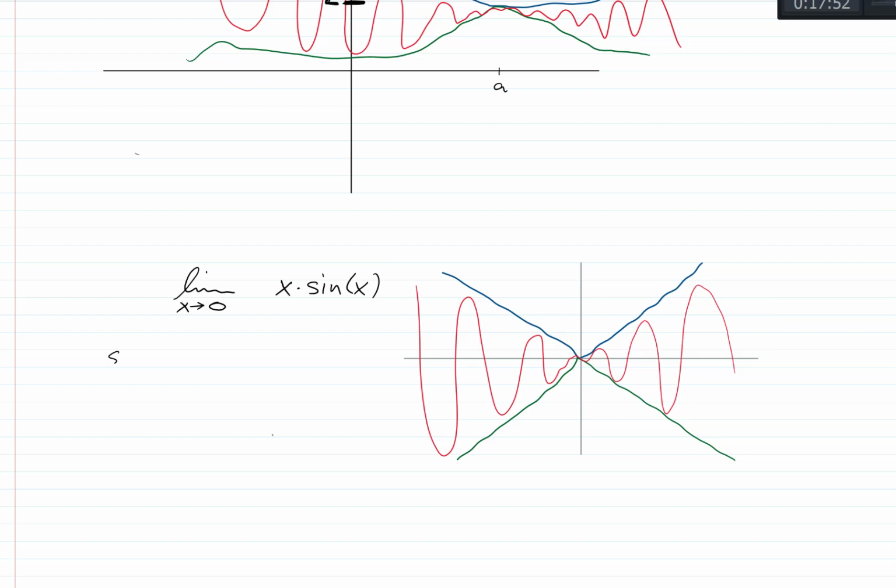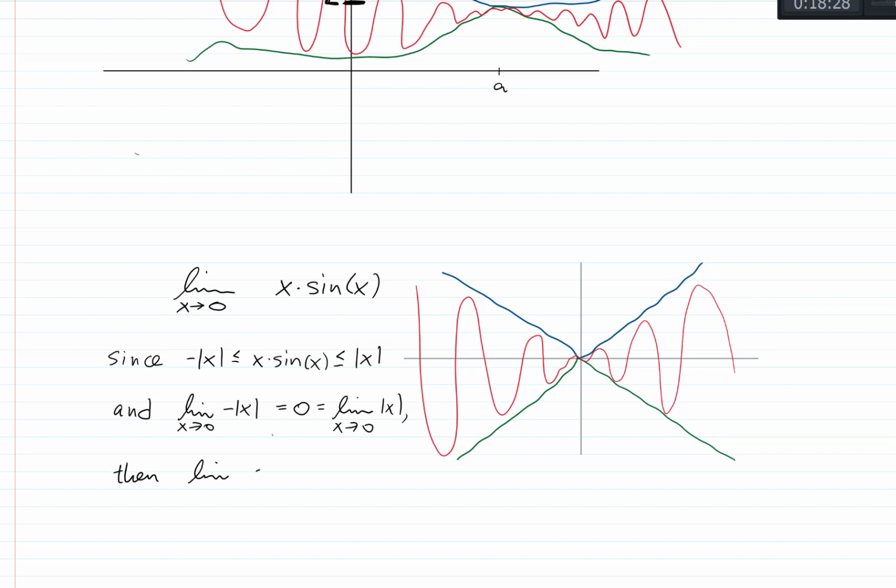All I have to say is, since x times the sine of x is stuck between the negative absolute value of x and the absolute value of x, and the limit of those two as x approaches 0 are both 0, then the limit of x times the sine of x as x approaches 0 also has to be 0 by the Squeeze theorem. It can be a very, very useful theorem.